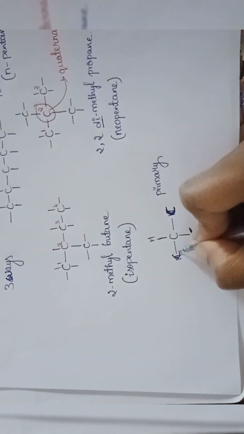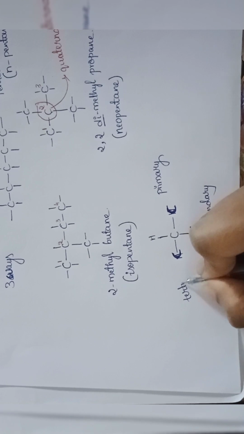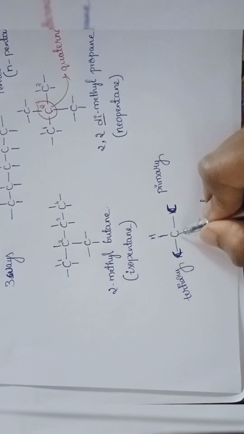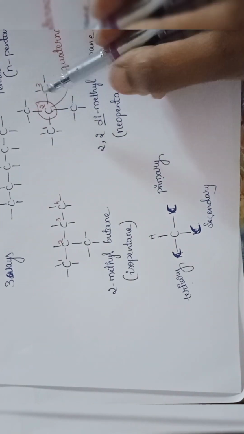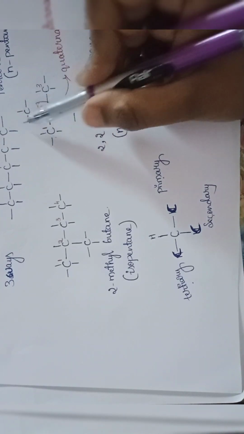If 3 hydrogens are replaced by carbon, then that will be called tertiary. This carbon is called primary, secondary and tertiary. In this, the middle carbon is quaternary, but the substituents are all primary.